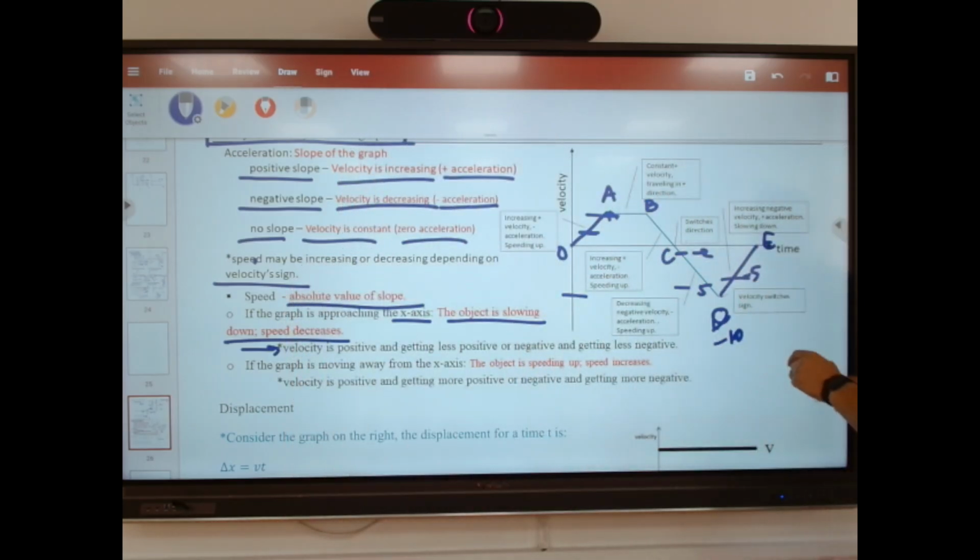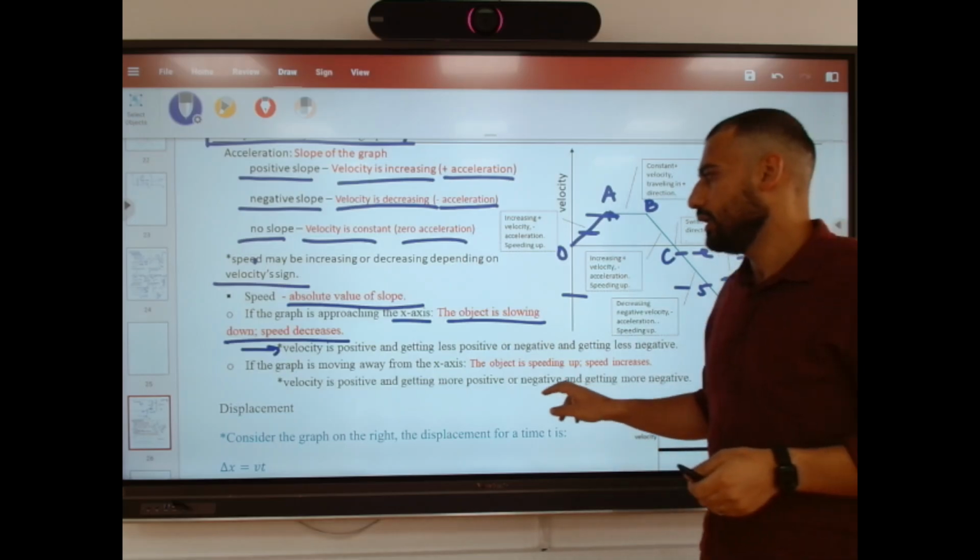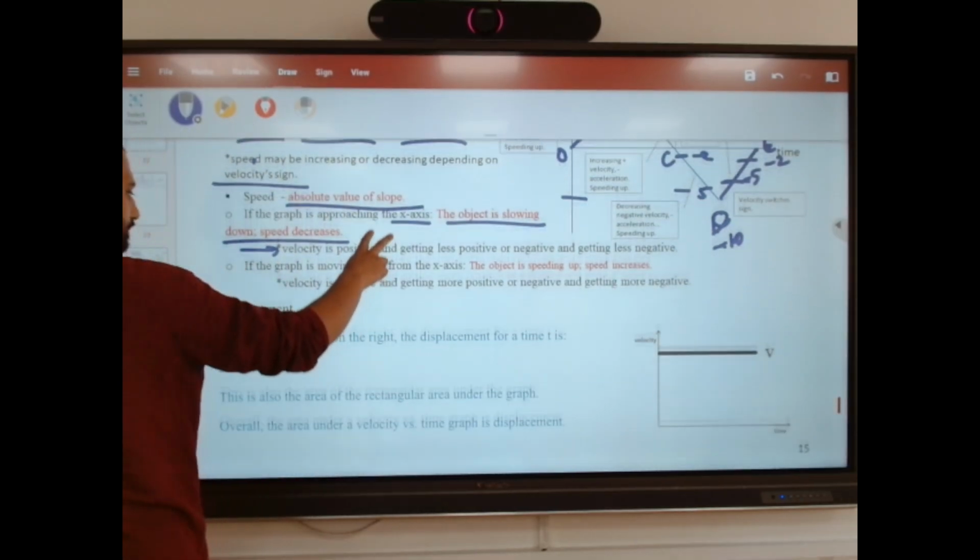Or, very important thing, from more negative to less negative. Is that clear? That's again speeding up. From more negative to less negative, because here it is -10, here it will be -5, here it will be -2. So from -5 to -2, speeding up. Fine? That is also increase in speed.